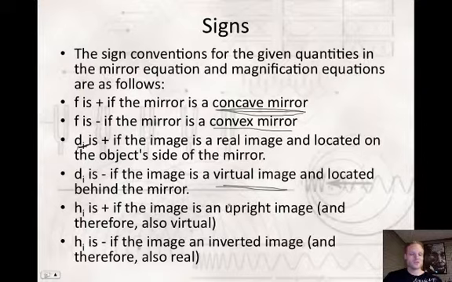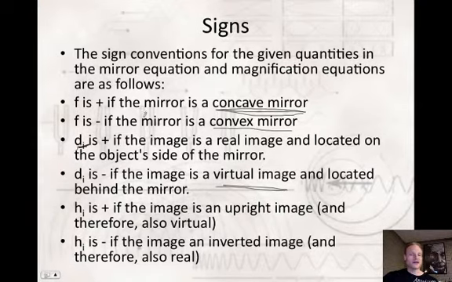If HI, the height of the image, is positive, it is upright, so it wouldn't be flipped, and it is also virtual. If HI is negative, the image is inverted and real. Again, it's a lot of stuff, and we're going to make a chart in class to help remember this.